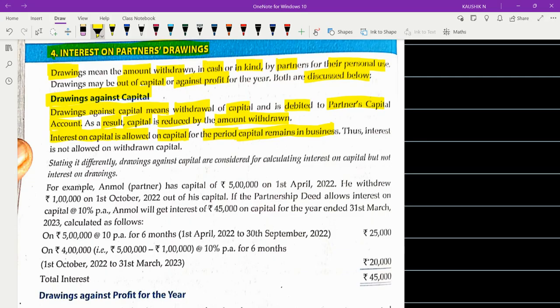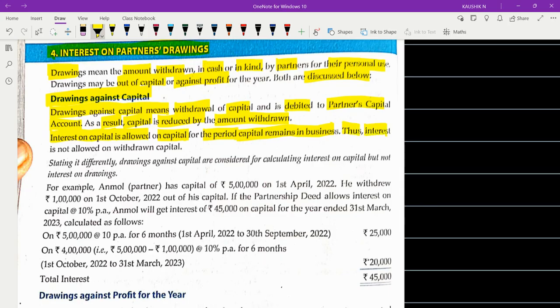If drawings are against capital, then obviously our capital balance will get reduced, and as per this, even our interest on capital will have an impact. That is what is mentioned here. Interest on the capital is allowed on the capital for the period the capital remains in business.